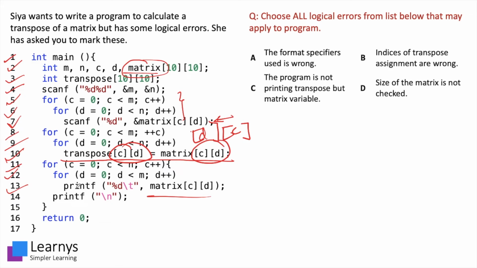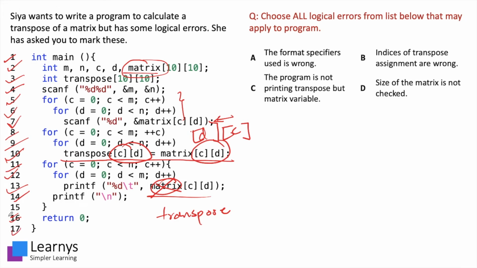So we should be rather focusing on printing the matrix transpose rather than the matrix. So this statement here, the variable should not be matrix, it should be transpose. And thus we have reached the end of the program. And yeah, so we have found 3 errors.